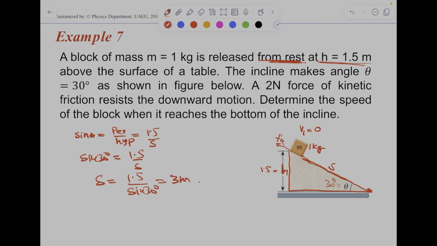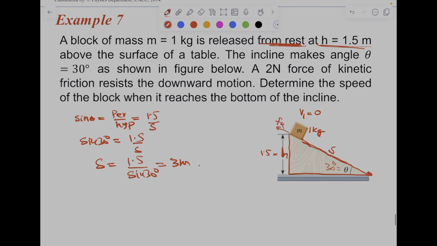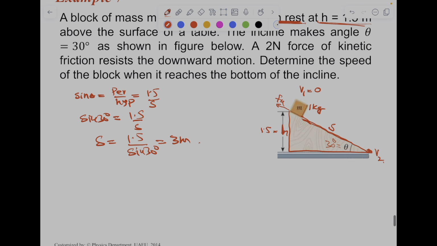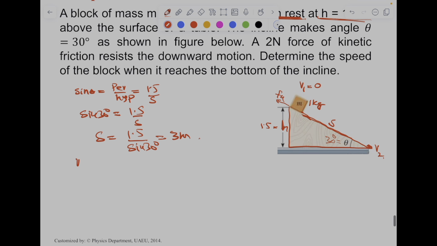So your force of friction is given and we need to find out the velocity v2. Your work done is stored in the change of kinetic energy. This is your total work done. The work done is the work done by gravity, by friction, and by the normal force.